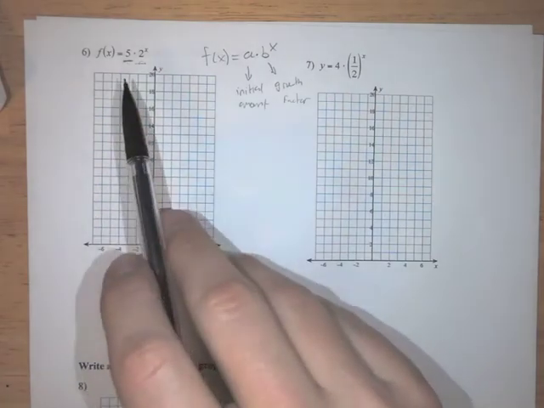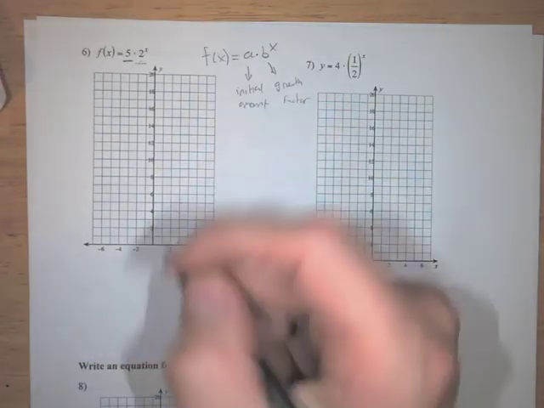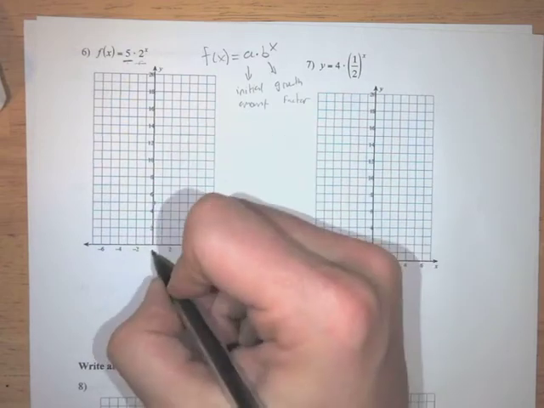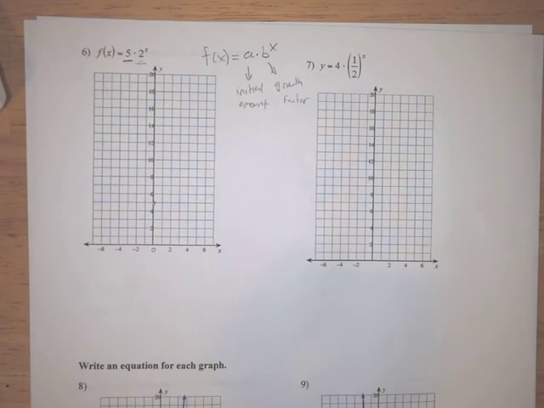So if I was looking at this function, I would say, oh, 5 is the initial amount. So you're starting with 5 bacteria. 5 is the y-intercept, because let's say that the x-axis represents time. It's like how many bacteria there are if 0 hours have gone by.